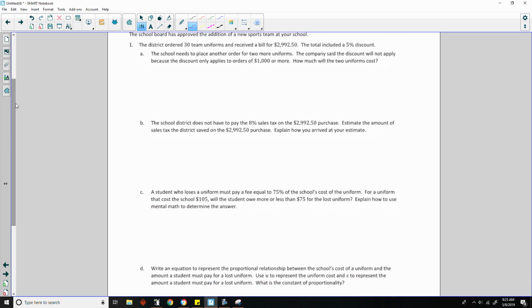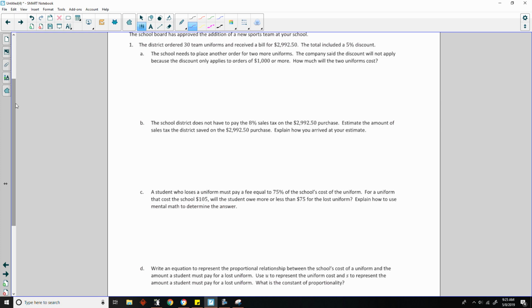The school board has approved the addition of a new sports team at your school. The district ordered 30 team uniforms and received a bill for $2,992.50. The total included a 5% discount. A, the school needs to place another order for 2 more uniforms. The company said the discount will not apply because the discount only applies to orders of $1,000 or more.